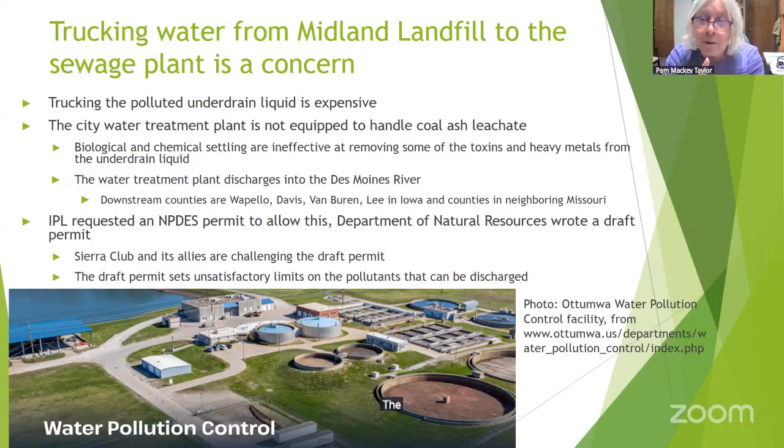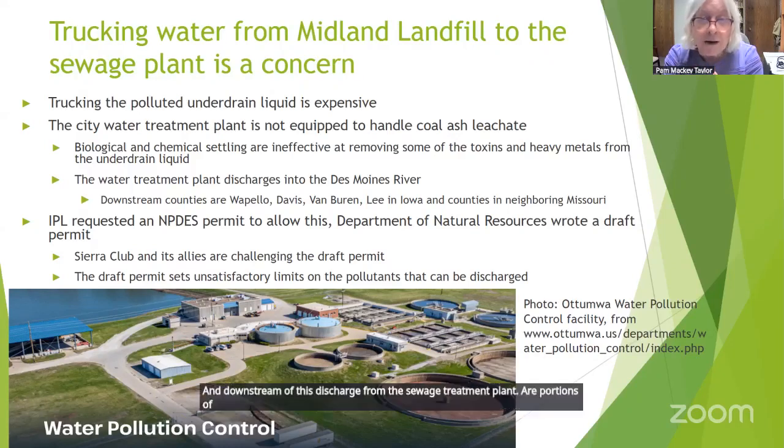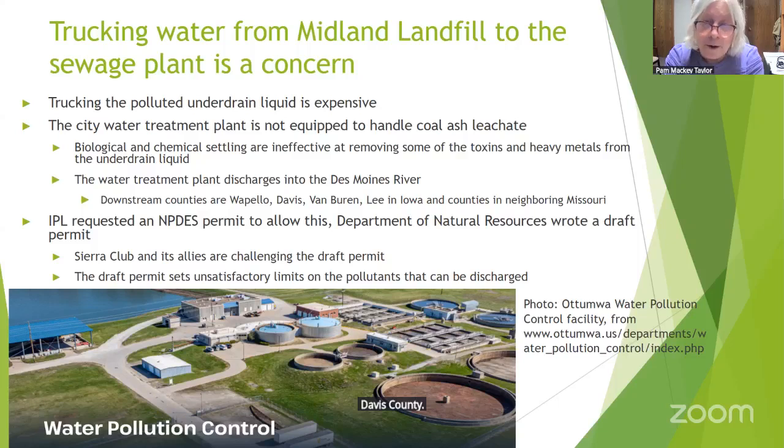The water treatment plant discharges into the Des Moines River. And downstream of this discharge from the sewage treatment plant are portions of Wapello County, Davis County, Van Buren County, and Lee County, plus the neighboring counties in Missouri.